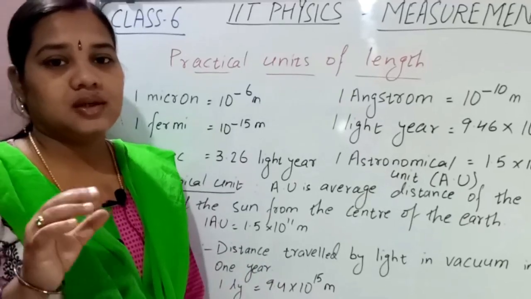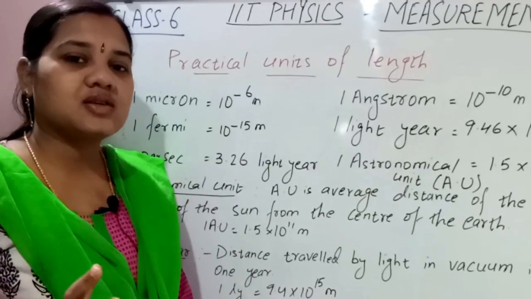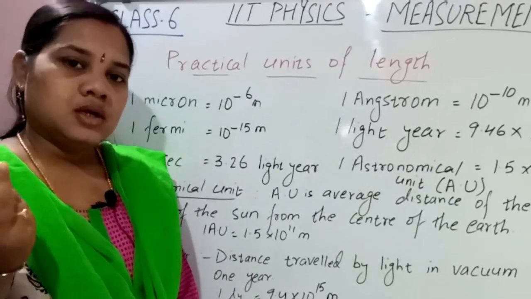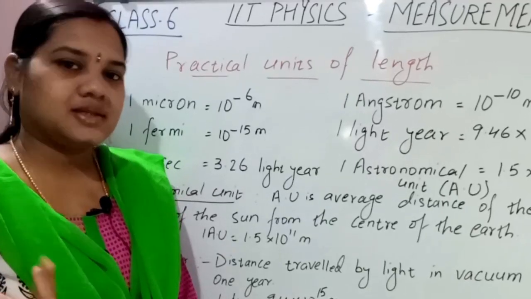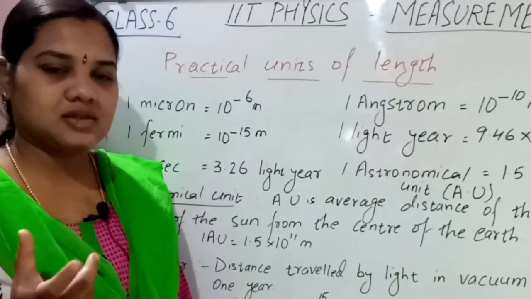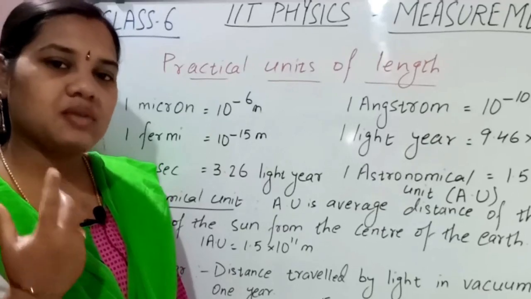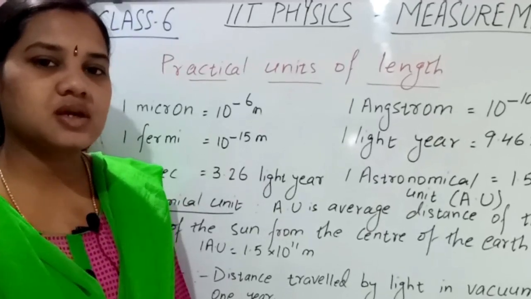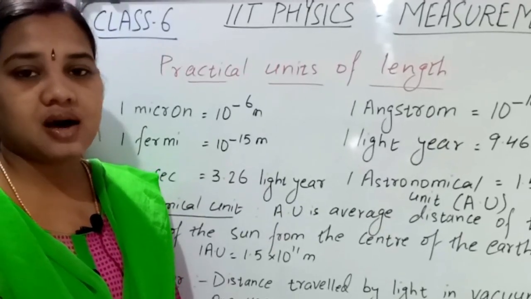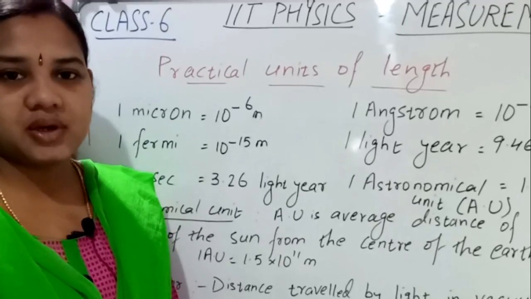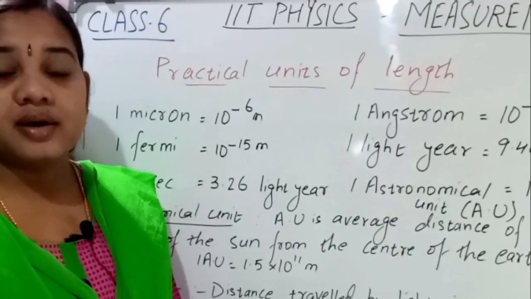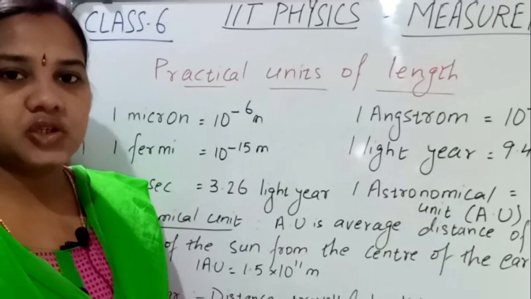Submultiples means the units which are used for small measurements: short length, less mass, less time, less duration. Multiples are used for long measurements: long lengths, heavy mass, more duration.